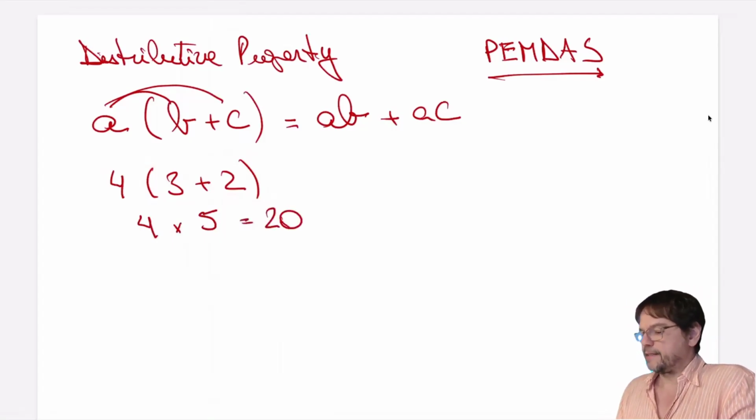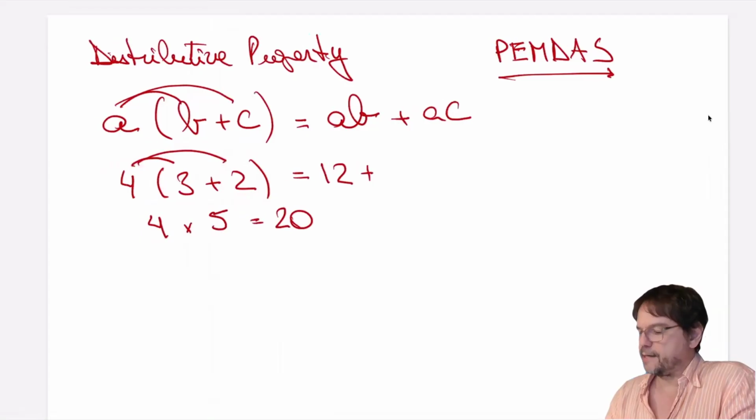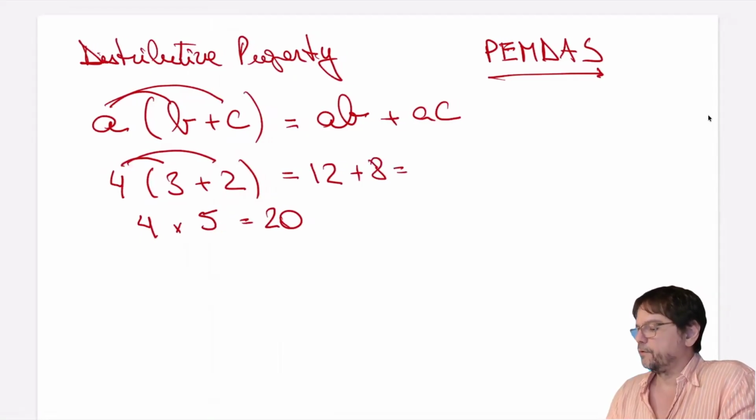Now, let's see if the distributive gives me 20 as well. 4 times 3, 12. Do you agree? Plus 4 times 2, that is 8. 12 plus 8 is 20.